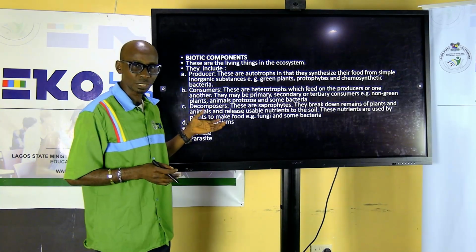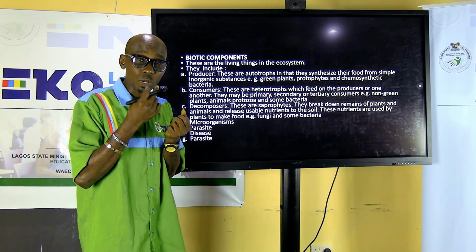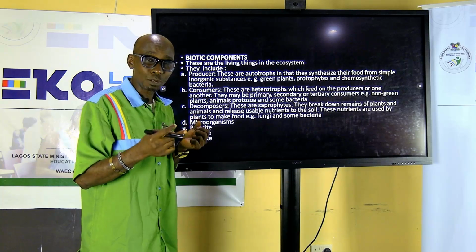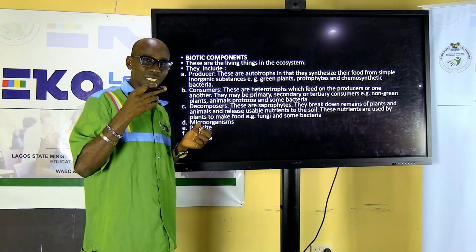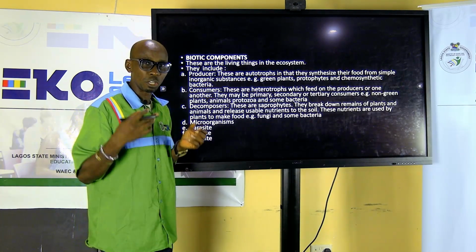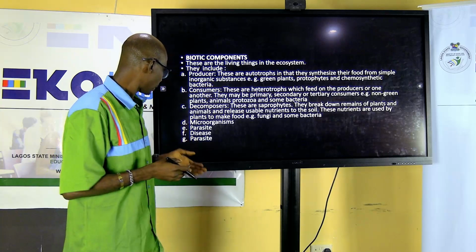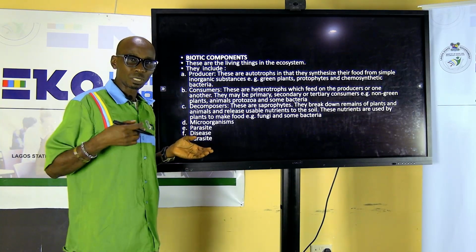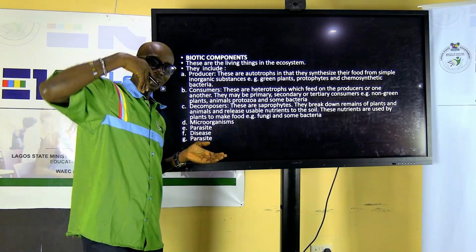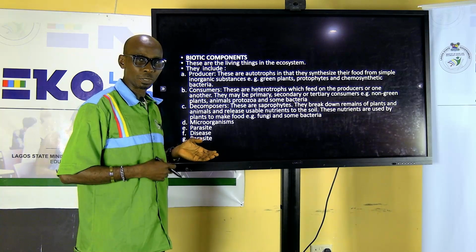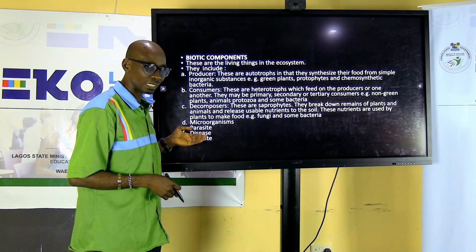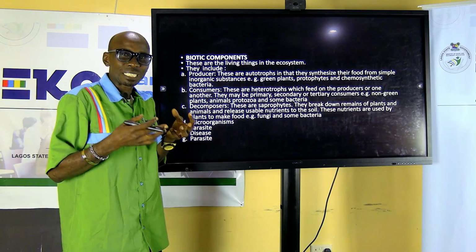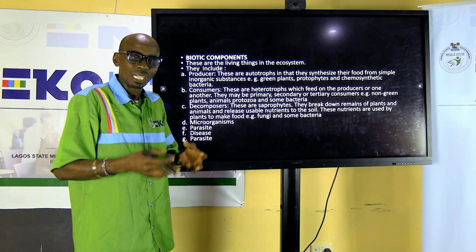Then we have microorganisms, those organisms that we can't see with our ordinary eye, except with an aided instrument like a microscope or lenses. Then we have parasites, organisms that reside in our body and take fluid from our body for their own survival. Then disease, a condition that makes the body unhealthy.